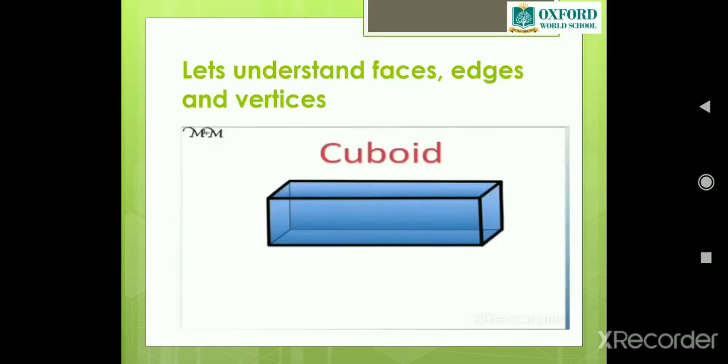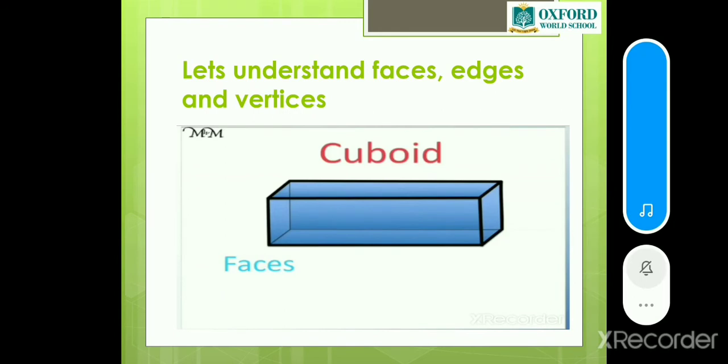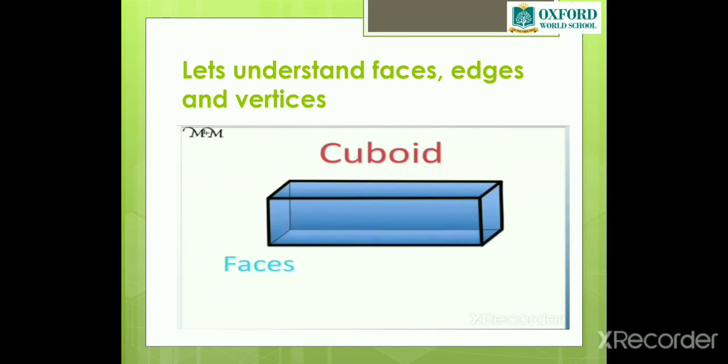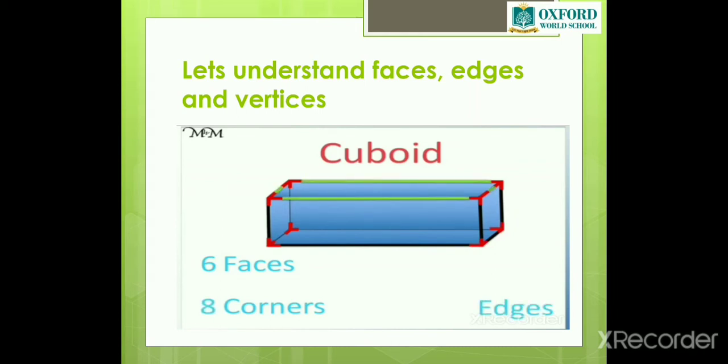Now let us understand what are faces, edges, and vertices. You can see the cuboid on your screen. Let us count the number of faces. 6 faces are there. And the corners, you can see the red part, 8 corners are there. And coming to the edges, can you count them?